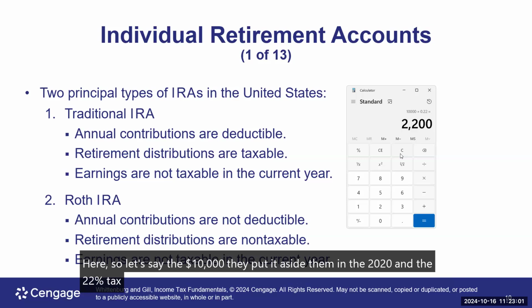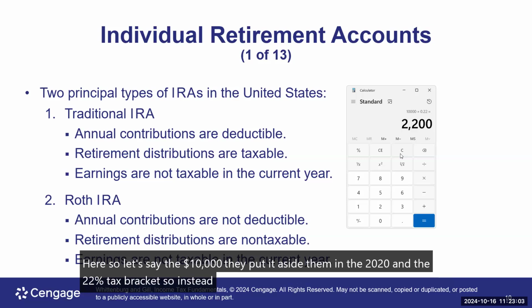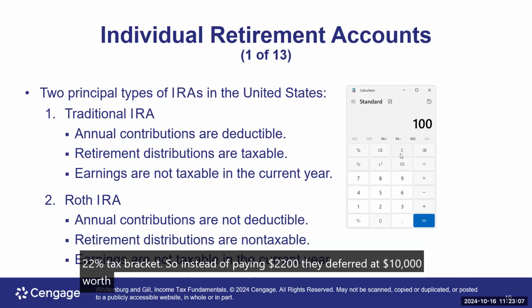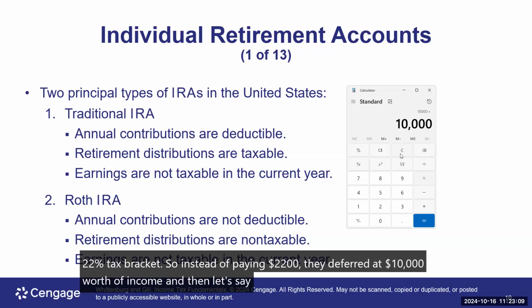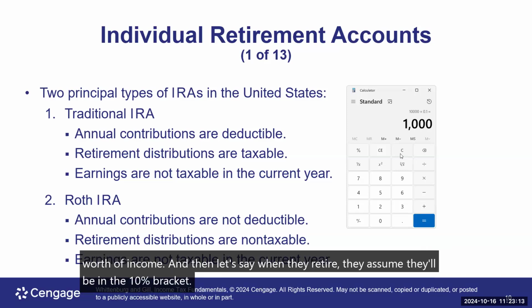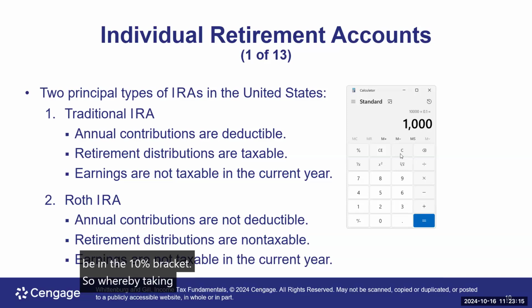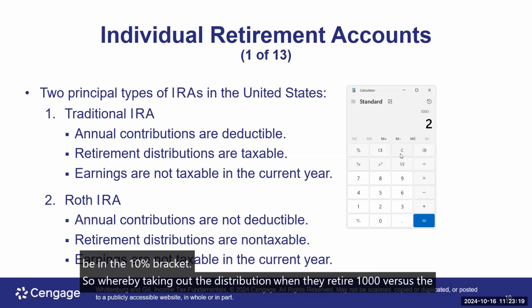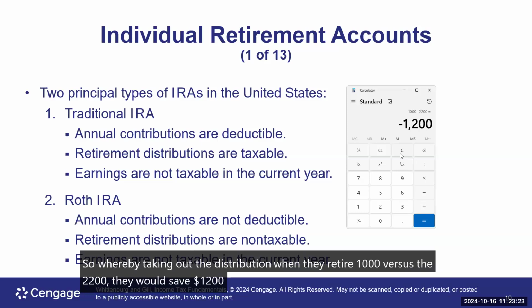So instead of paying $2,200, they defer that $10,000 worth of income. And then let's say when they retire, they assume they'll be in the 10% bracket. By taking out the distribution when they retire, paying $1,000 versus the $2,200, they would save $1,200 by deferring the amount and putting it into a traditional IRA.